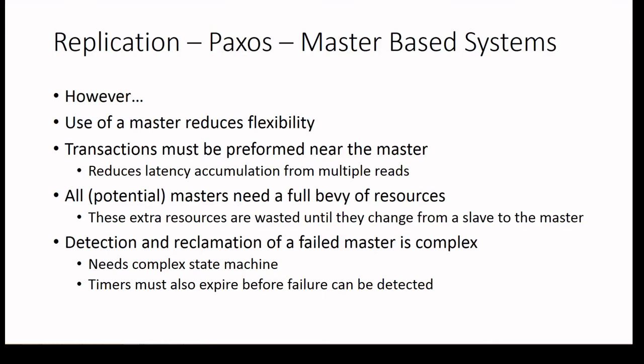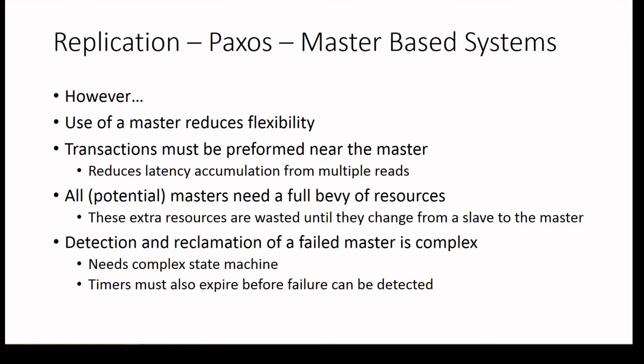And so you've got this list of potential masters that have greater than average resources, but those are wasted until they're a master. When they're just sitting there as a regular node, the resources are wasted.